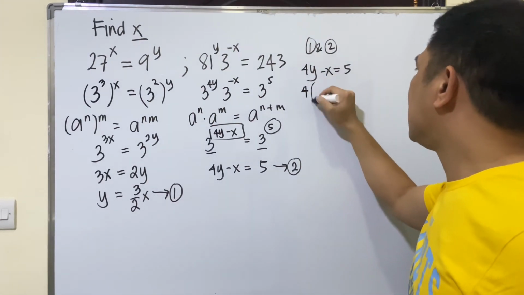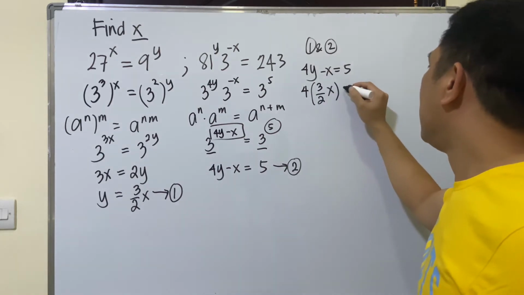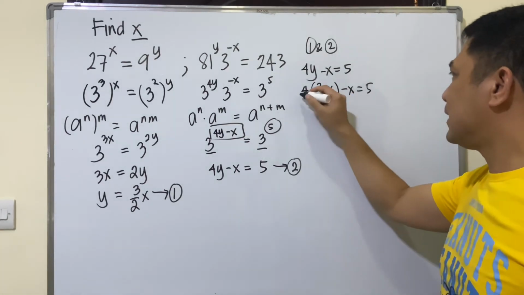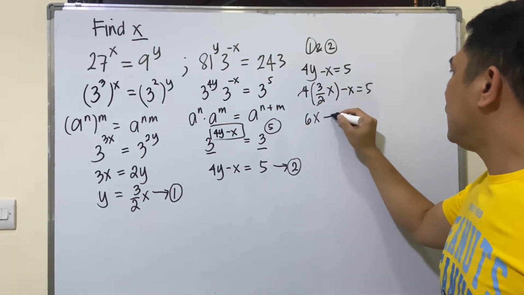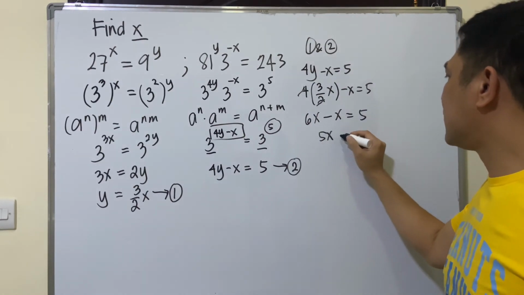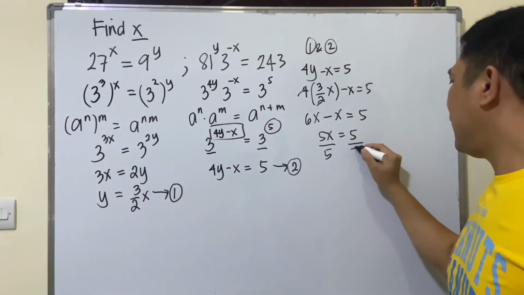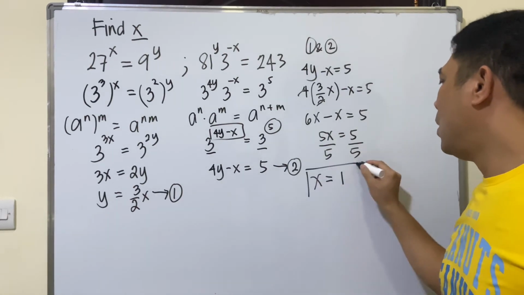So that means this is 4 times 3 over 2 of x minus x is equal to 5. So that's cancelled, so that means 6x minus x is equal to 5, so therefore you have 5x is equal to 5, then divide both sides by 5, so our value for x is actually equal to 1.